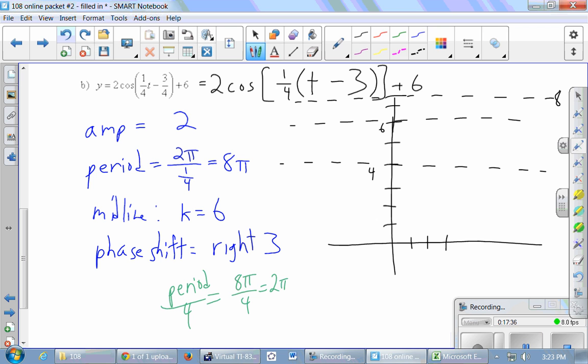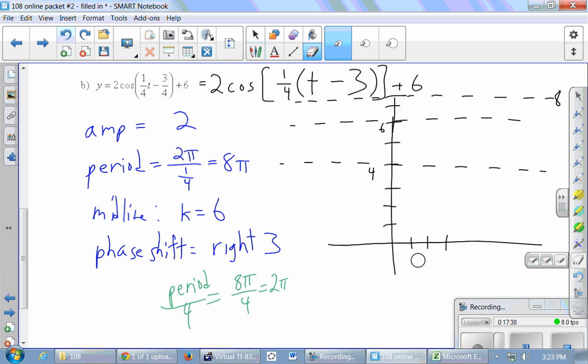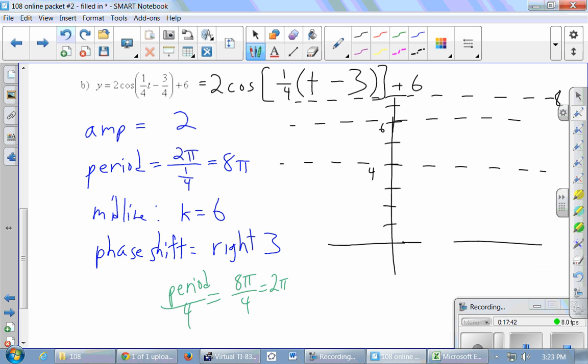And actually, as I think about it, there's no way for me to get the scale to be consistent here, so I'm going to ignore the fact that I'll have different scales on the 2 axes, and I'm just going to say that 3 is somewhere around there. And then we're going to go 2 pi to the right. So 2 pi is about 6, so we're going to double this distance that we went here. And if we double that distance, maybe we land around here.